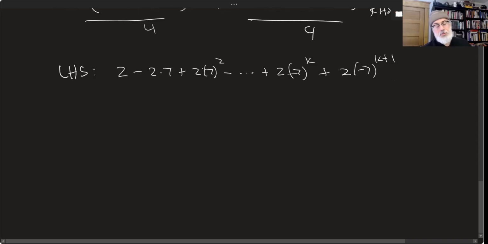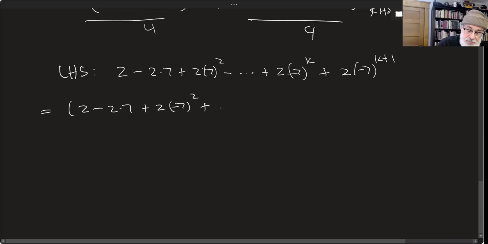Now I'm going to group the first k terms together. So this will be equal to 2 minus 2 times 7 plus 2 times negative 7 squared, which will just be positive, and so on, plus 2 times negative 7 to the k.